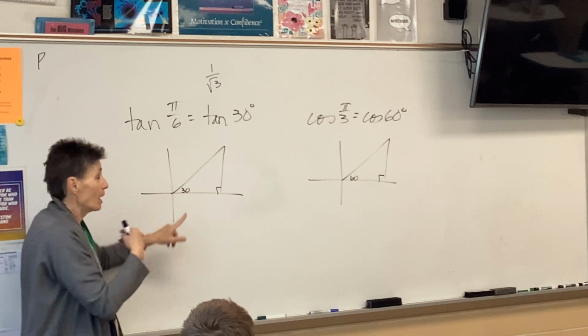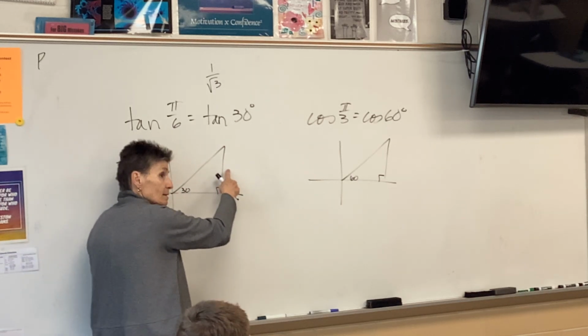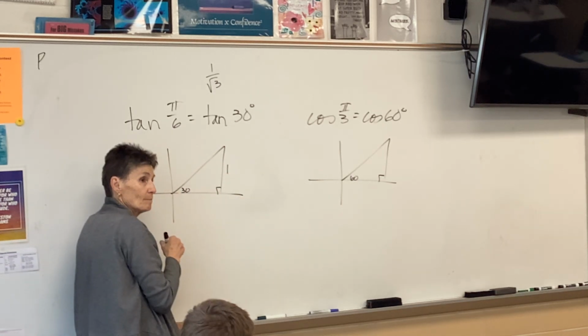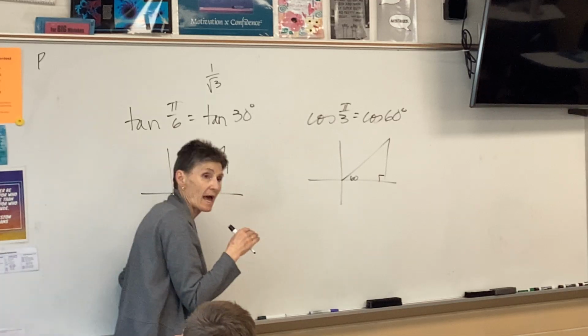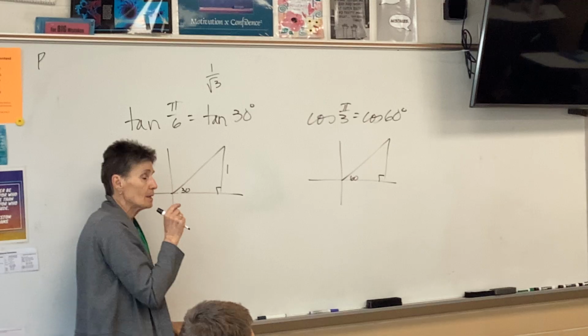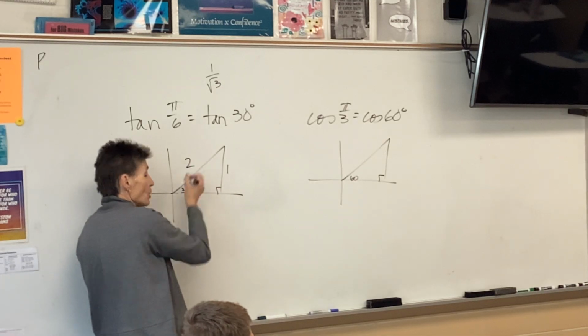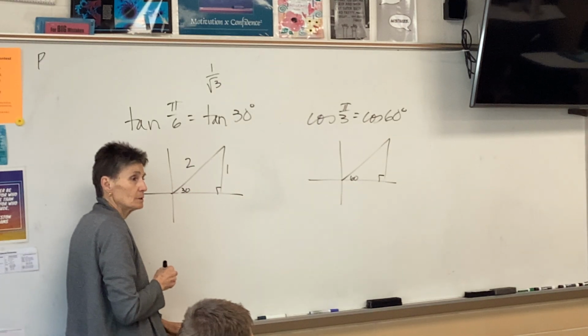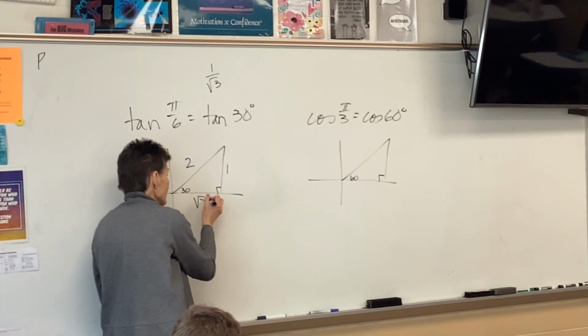Now, across from the 30 is always 1. We're not gonna discuss that, that's fact, you learned it in geometry. The hypotenuse is always 2, and the other leg is root 3.